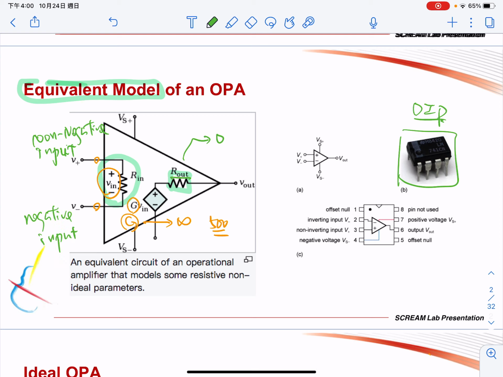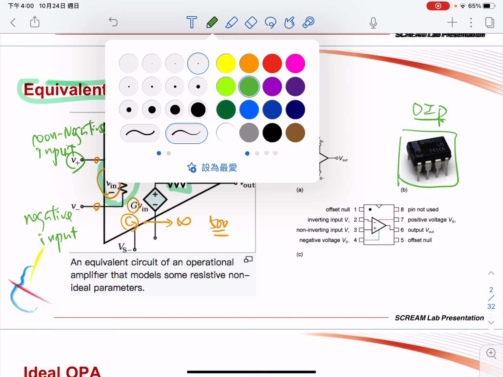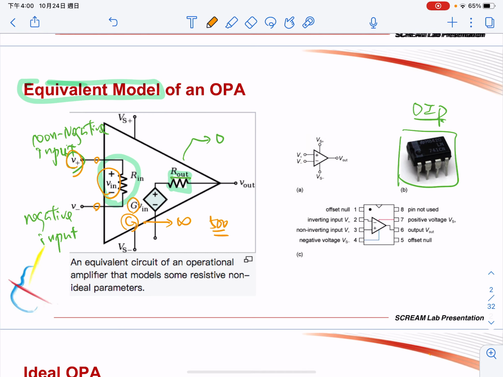So we have V plus and V minus, and we have the positive and negative power supply, and we have the output here.